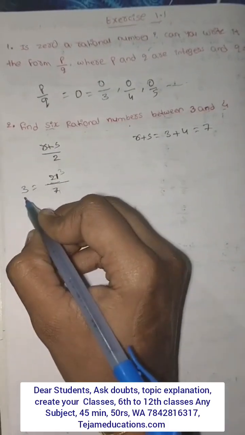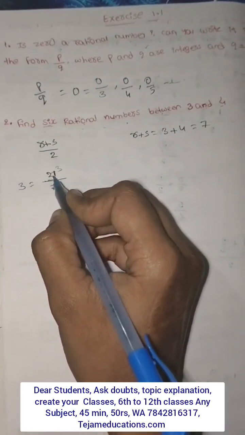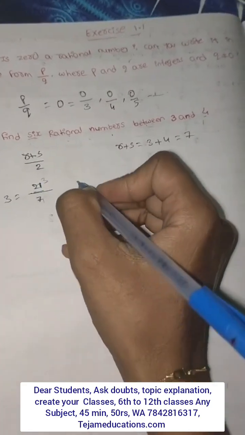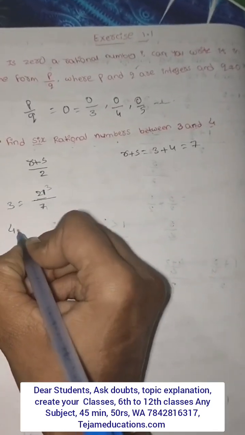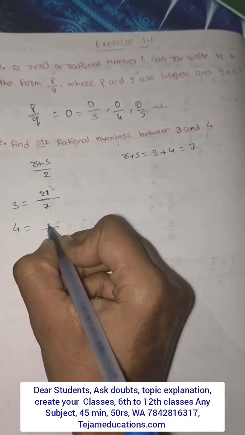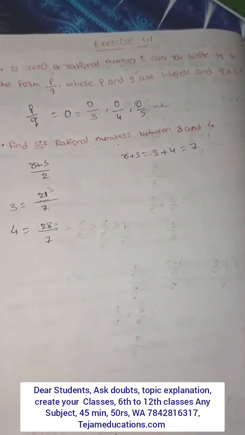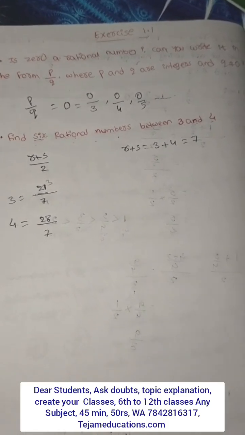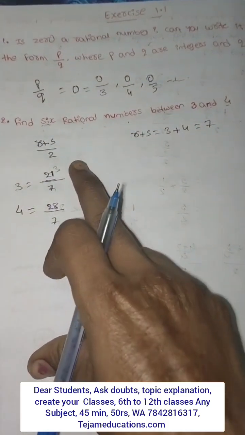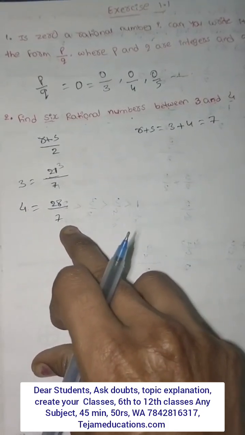That means 3 you can write in the form p by q as 21 by 7. Similarly for 4, with denominator 7, we can write 28, since 7 fours are 28. So we can write these numbers as 21 by 7 and 28 by 7.